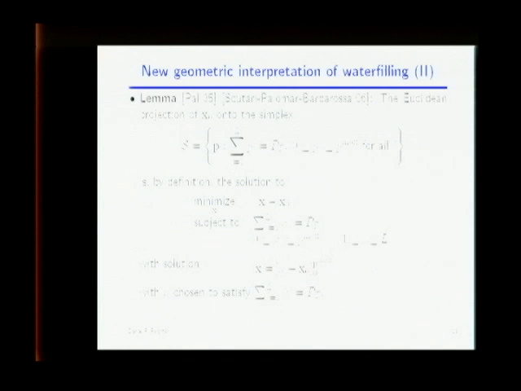Now I want to project one point, x sub 0, onto this simplex. By definition, the projection of a point onto a set can be written as finding a point x that has minimum distance to the point, but that satisfies the constraints. The solution to this problem will be the projection of x sub 0 onto this set.